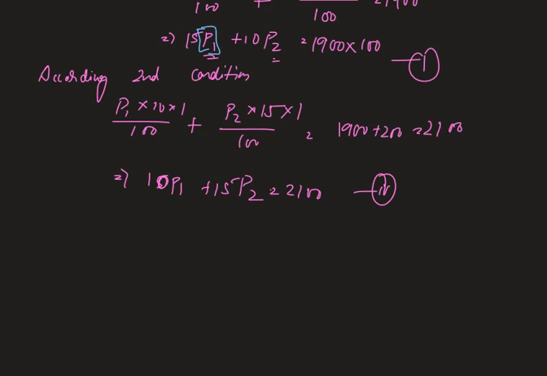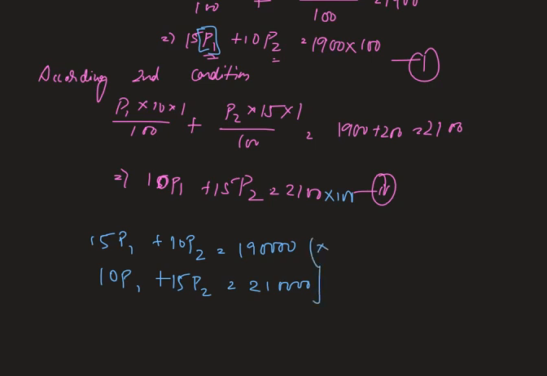So let's check what is the value of P1. 15P1 plus 10P2 is equal to 190000, and in the next equation we have 10P1 plus 15P2 equal to 210000.